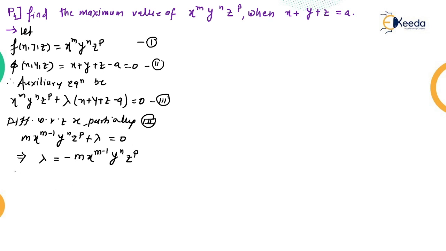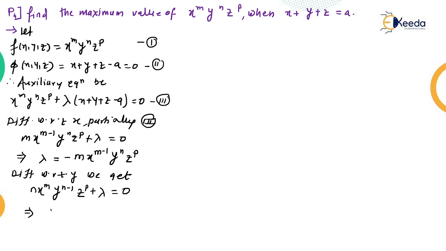Now we have already differentiated with respect to x, now we differentiate with respect to y. Differentiating with respect to y, x and z are constant, therefore we get n into x raised to m y raised to n minus 1 and z raised to p as it is, plus lambda, and that is equal to 0.